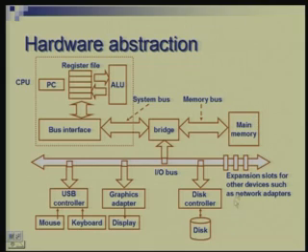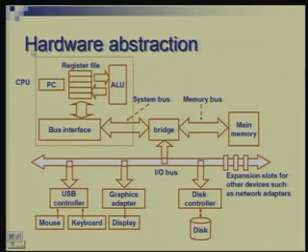You have memory, you have input output devices and their controllers. For example, here you are seeing mouse, keyboard, display, disk drive. They are connected to the system through a bus and some controllers. The processor is connected to memory again through some buses.